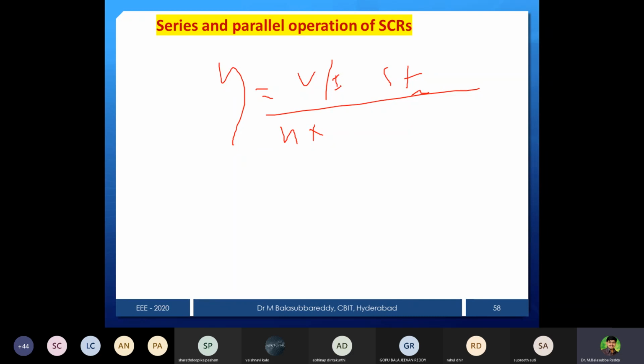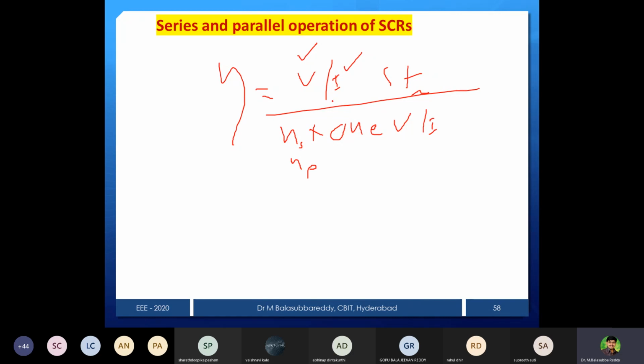times the voltage or current rating of one SCR. If I use voltage here, then you can use the number of SCRs in series. If I use current here, then you use the number of SCRs in parallel, times one SCR's voltage or current rating.